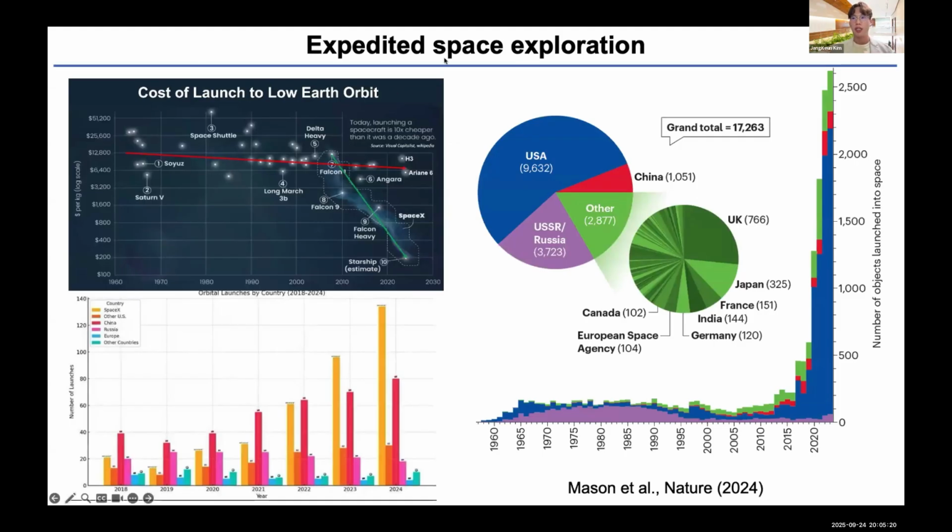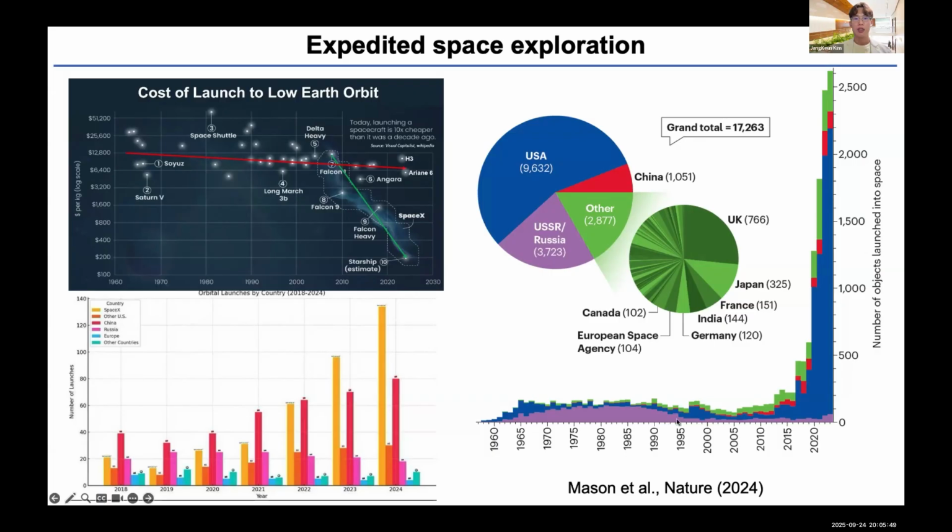For the expedited space exploration, I think I can start from this figure. The x-axis represents the years, and the y-axis represents the number of objects launched into space. The first event was in 1957, the Sputnik satellite from the Soviet Union. After World War II, there was a space race between the US and the Soviet Union, with continued activity over about 30 years.